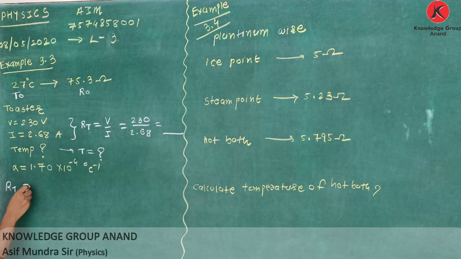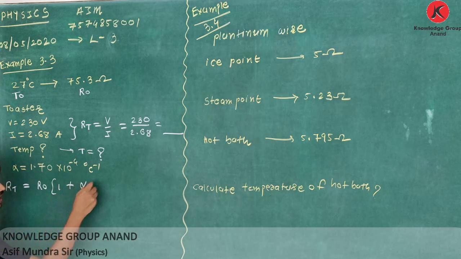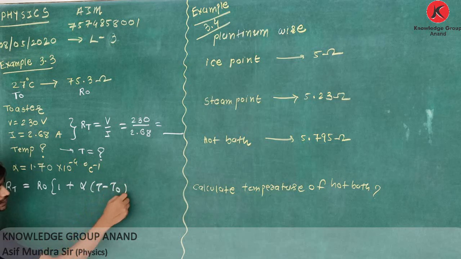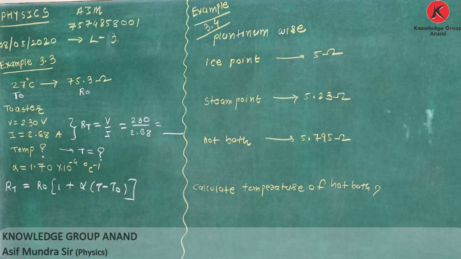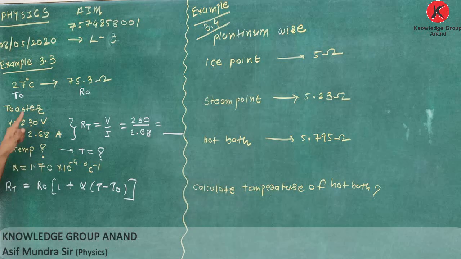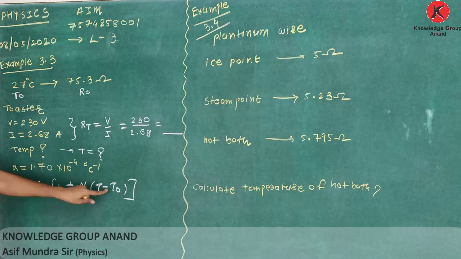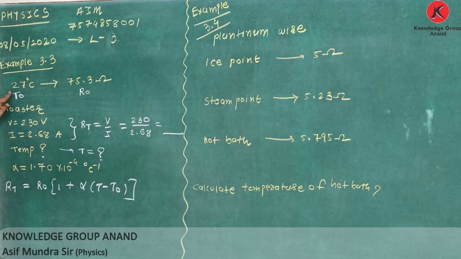RT is equal to R0 into 1 plus alpha into T minus T0. You have to use this equation. Clear? RT you will calculate, R0 is given, 1 you know, alpha is given, T you have to find, and T0 is given. Clear about this? So this question is again your homework. You have to calculate this term and send the solution.